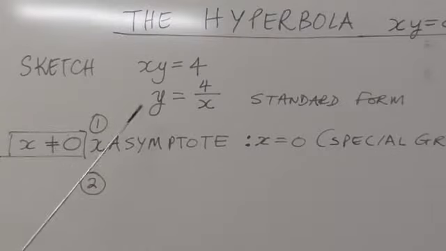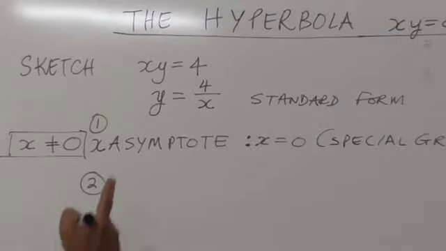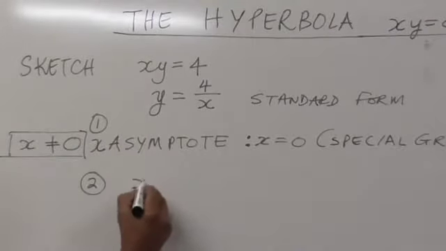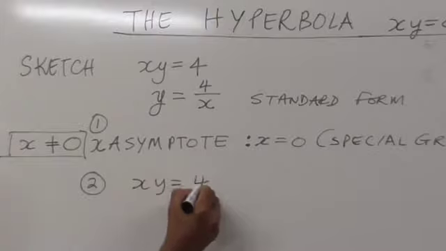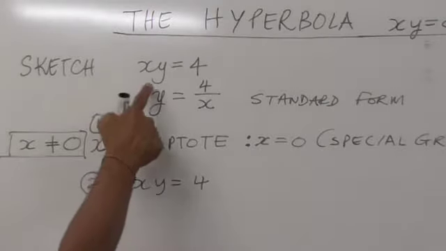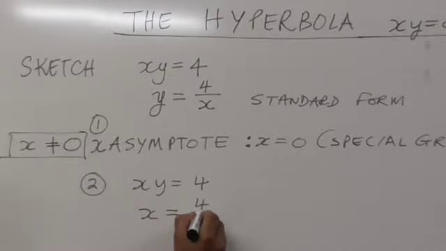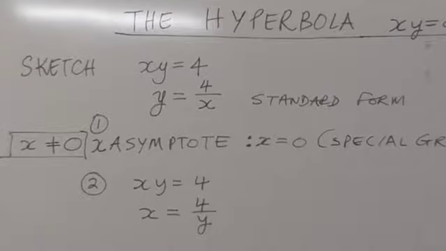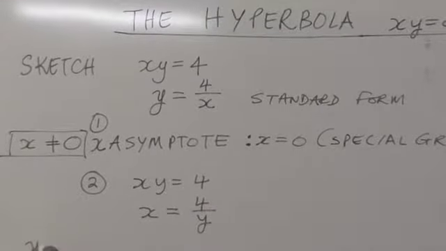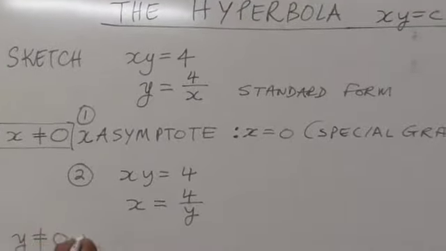Now number 2, we need to know whether it's got a y asymptote. So what do we do? We take the original question, xy is equal to 4. To find the y asymptote, you make x the subject of the formula. So x is equal to 4 over y. Now clearly y cannot equal to 0.